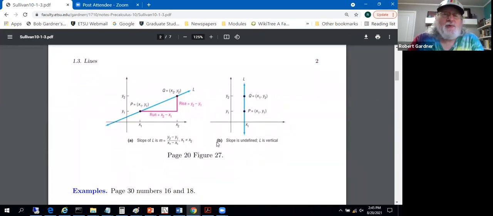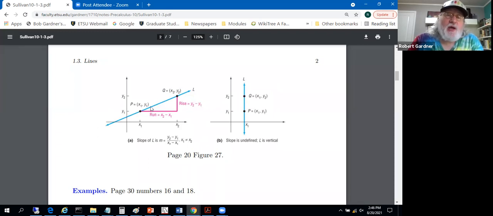So here's a picture to illustrate that, where explicitly we see the run as the change in the x coordinates. It goes from x1 to x2. We've taken that run to be x2 minus x1. In this picture, it's that distance. Right minus left will be positive, so it is a distance.